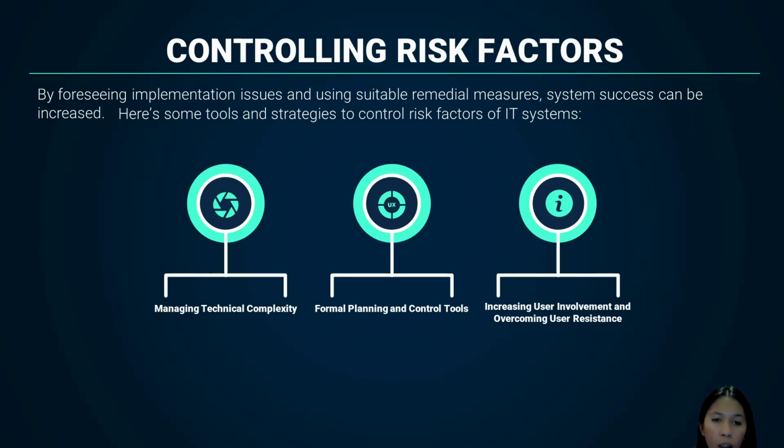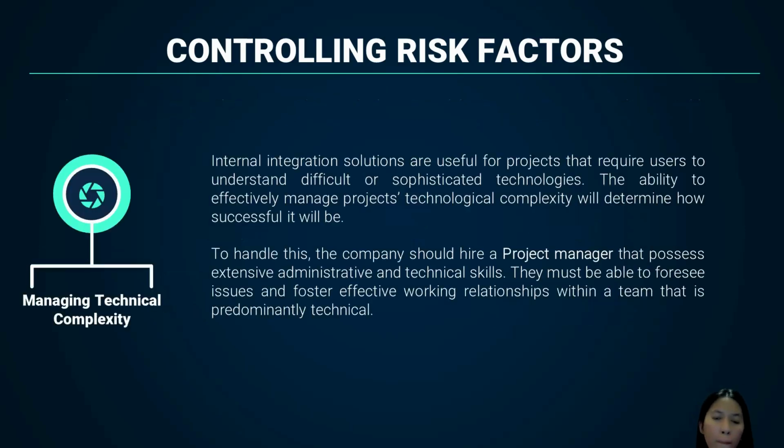These are the three tools or strategies to control risk factors. First is managing technical complexity. Next is formal planning and control tools. And lastly, increasing user involvement and overcoming user resistance.